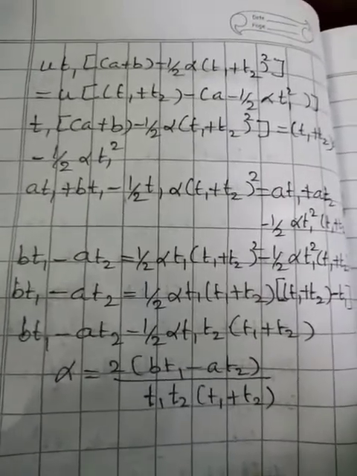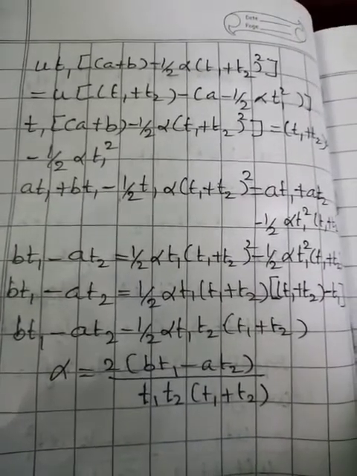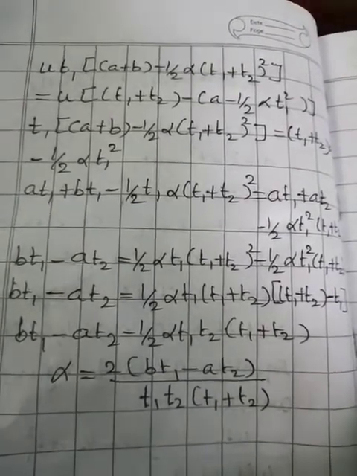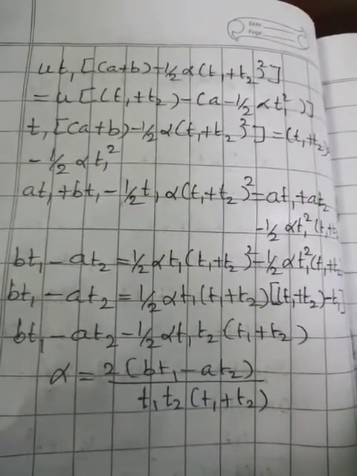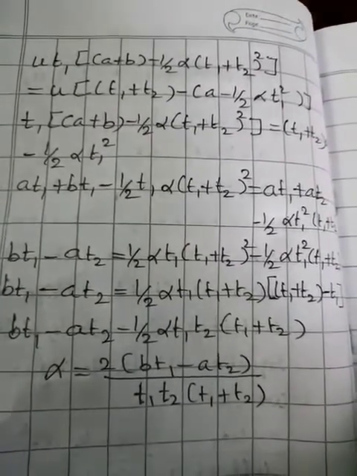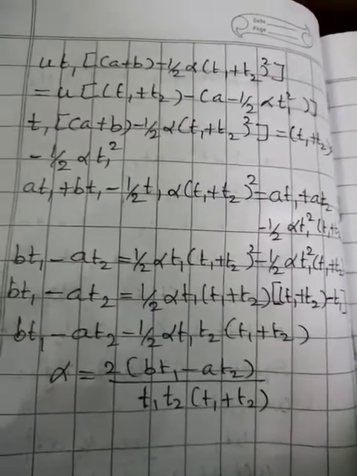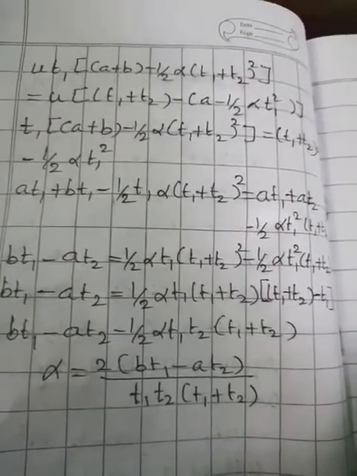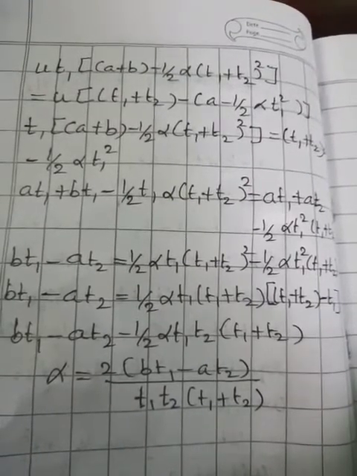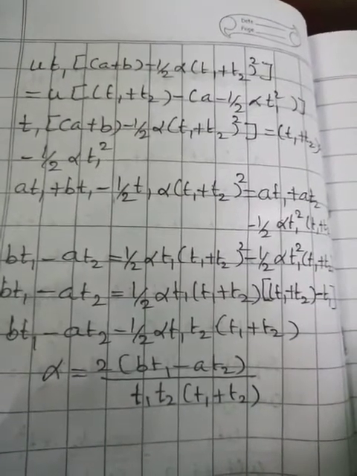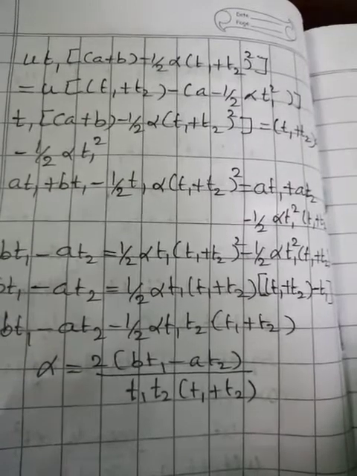Next value, b into t1 minus a into t2 is 1 by 2 alpha into t1 into t2 bracket t1 plus t2.